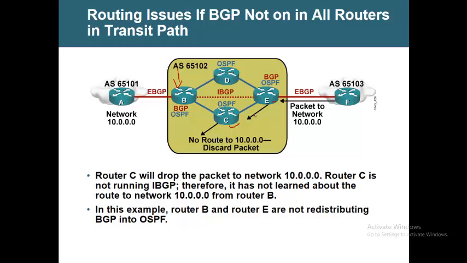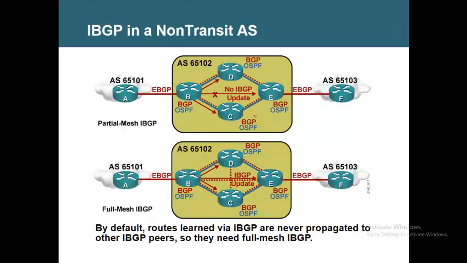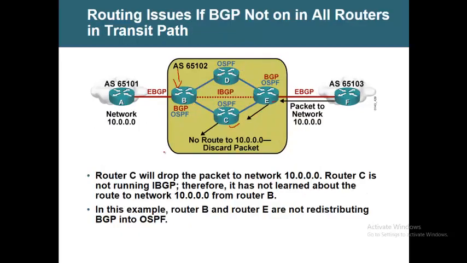And you may suggest to run BGP like this, so that all the routers will learn 10 network. Because there is no BGP here, you don't have the network. So now you started thinking that I should have BGP in order for the ping to happen. You're right. That is one solution.